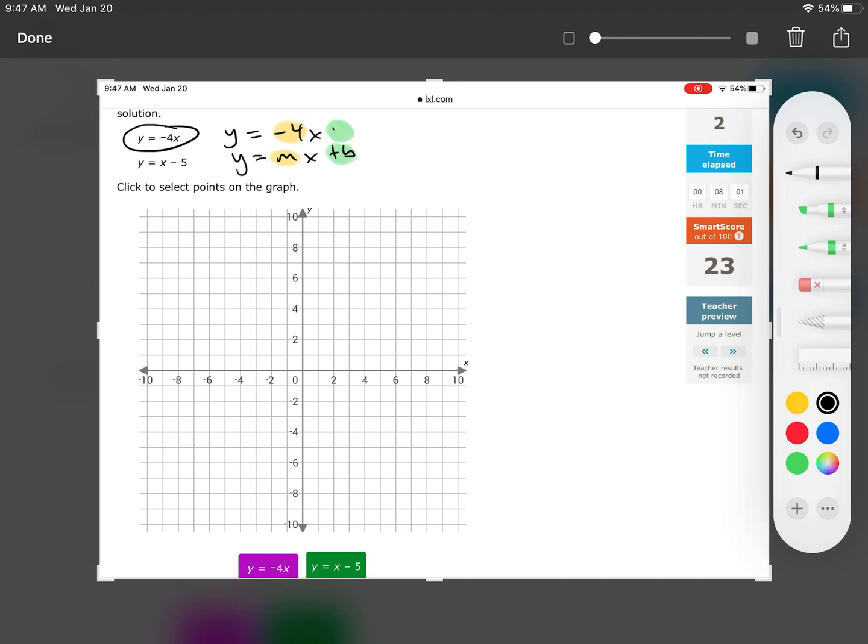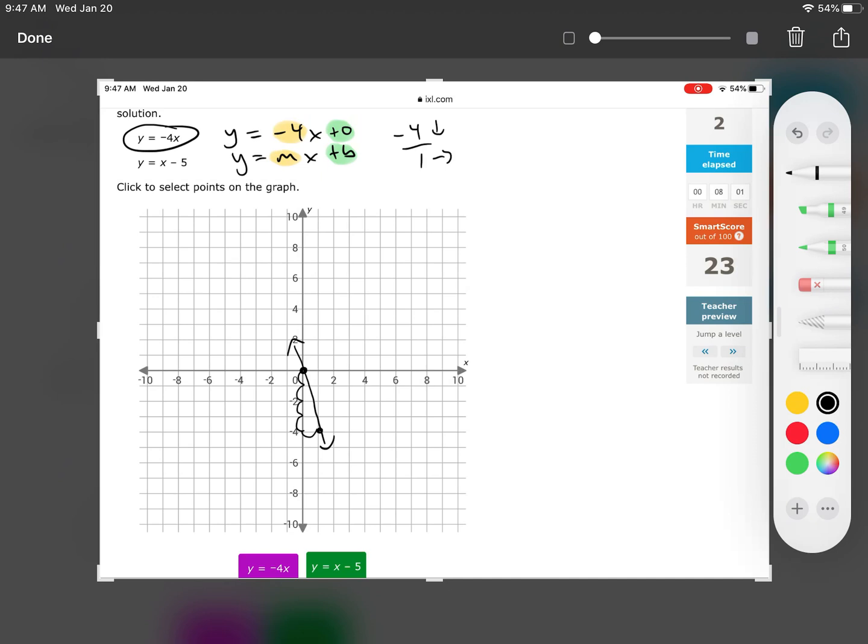And notice there's nothing here. So here we could just say +0. And so if we start at 0, and then the slope is -4 over 1, that means we go down 4 and right 1 from that y-intercept. So 1, 2, 3, 4, right 1. This would be the first graph.